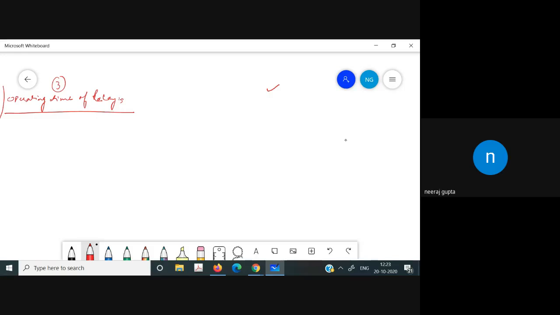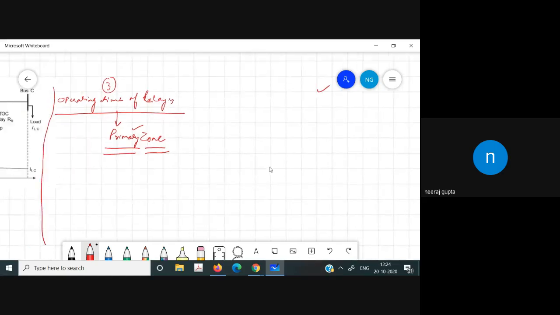It is selected based on the fact that the relay must get the adequate chance to protect its primary zone of protection, and if the primary protection does not clear the fault, then the backup protection will initiate the tripping.